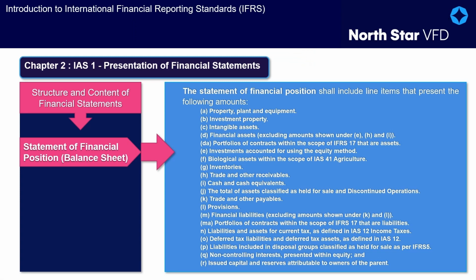Portfolios of contracts within the scope of IFRS 17 that are liabilities, disaggregated as required by IFRS 17. 16. Liabilities and assets for current tax, as defined in IAS 12 Income Taxes. 17. Deferred tax liabilities and deferred tax assets, as defined in IAS 12. 18. Liabilities included in disposal groups classified as held for sale in accordance with IFRS 5.